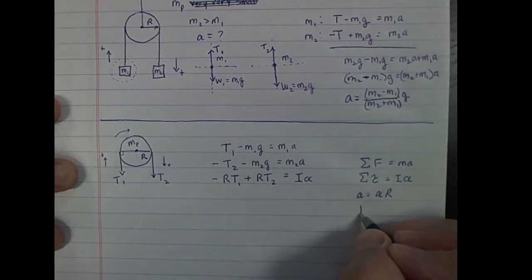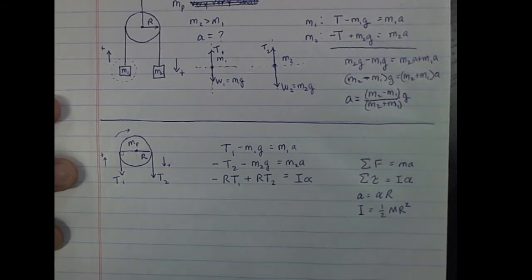We also know for a pulley, which is the same thing as a disc, which is the same thing as a cylinder, I is 1/2 mR squared.